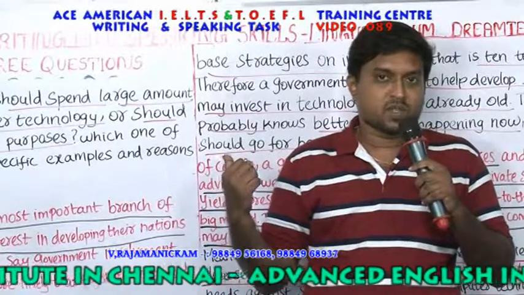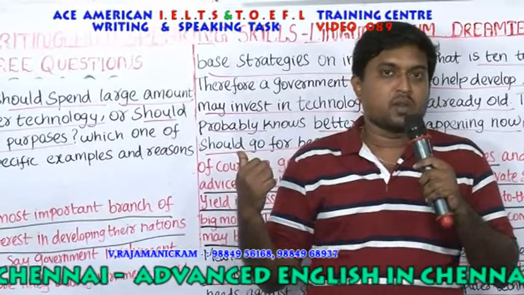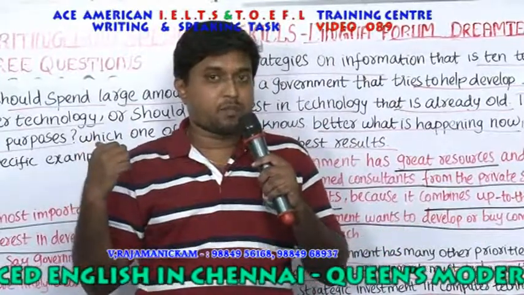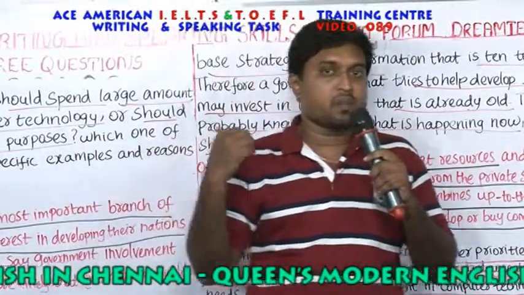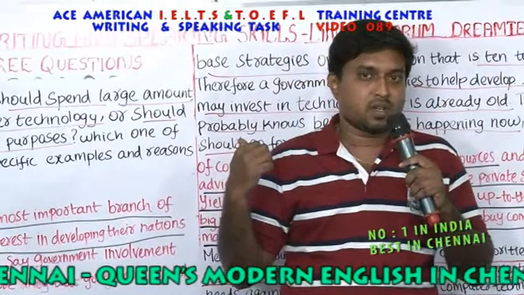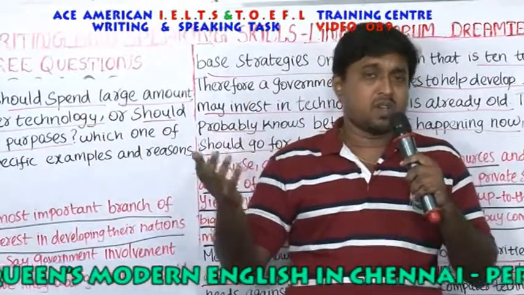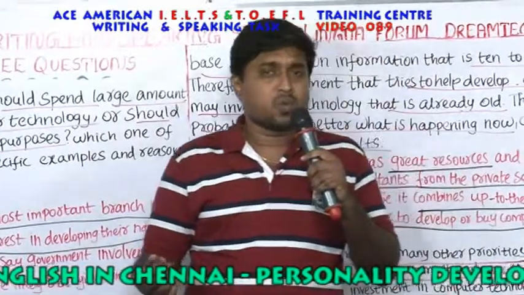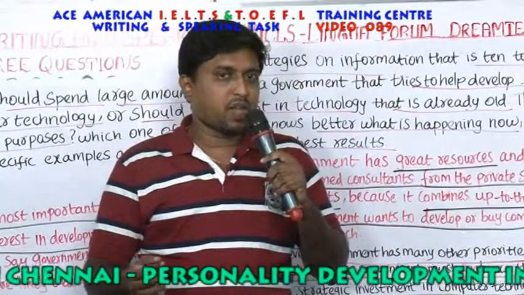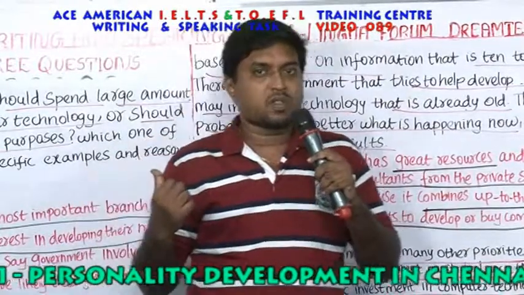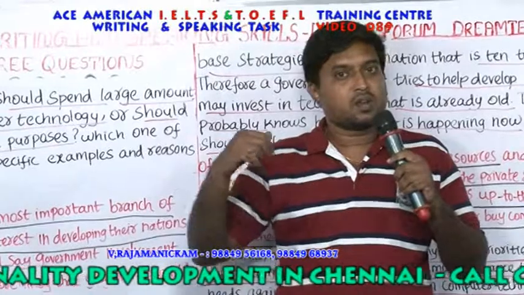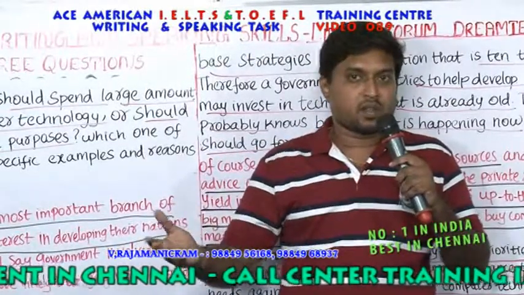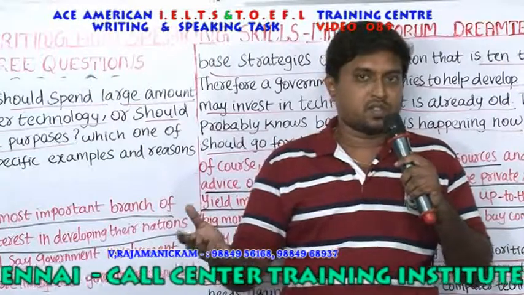In information technology, yes, there is a lot of money involved, but we have a lot of competition, and many private players who are far better than government employees. My stand on this is that the government's first priority should be the education system, hospital facilities, and the defense system.